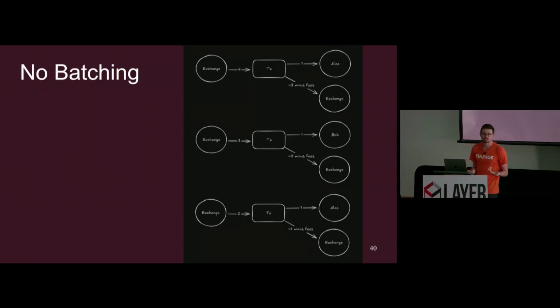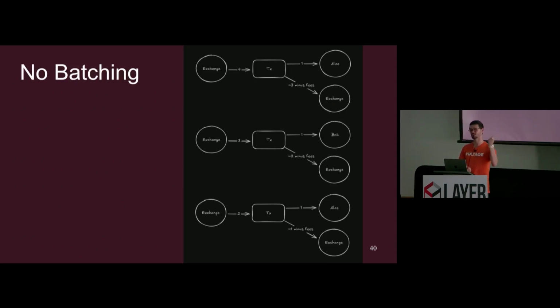What else can we do? What about exchanges? How might this impact exchanges? So let's say we're a very stupid exchange and people are constantly requesting withdrawals from us. Well, we might naively just send them their money right away, right?